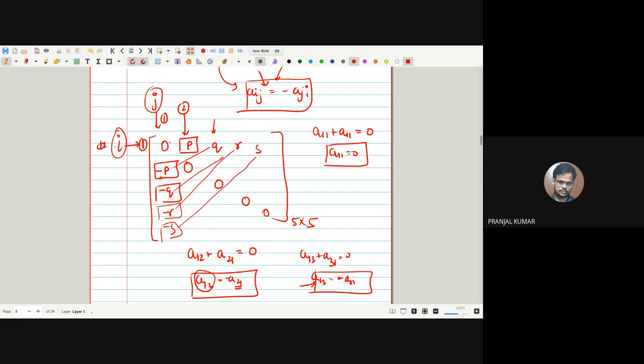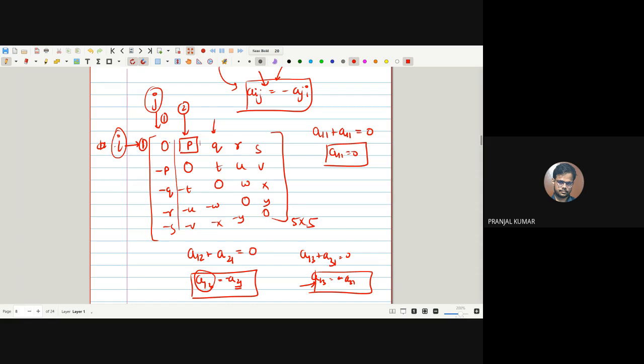So similarly, you can write all the elements: P, Q, R, S, T, U, V, W, X, Y. So minus T, minus U, minus V, minus W, minus X, and minus Y. Okay, somewhat disoriented, but I hope you are getting this.